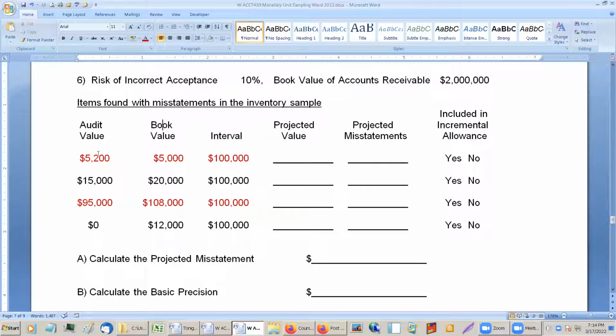Book value is smaller than the interval. Yep. You'll notice that the other value is bigger. This is an understatement. Not a misstatement at all. Included? No, it's not. There's nothing wrong with it.